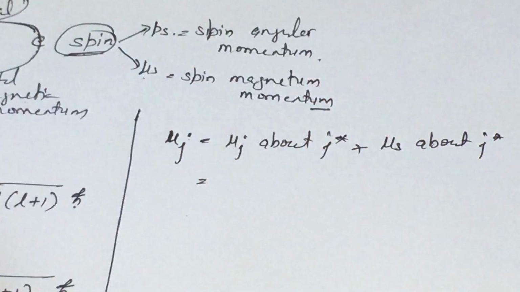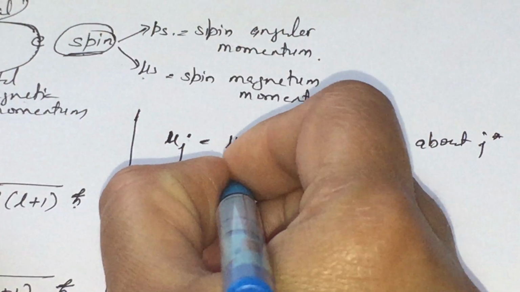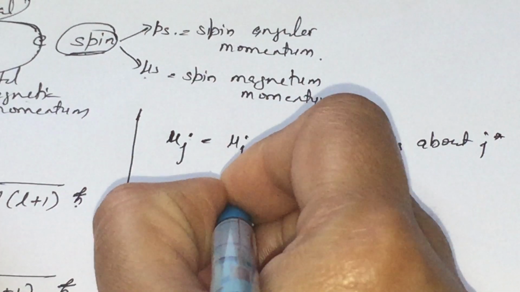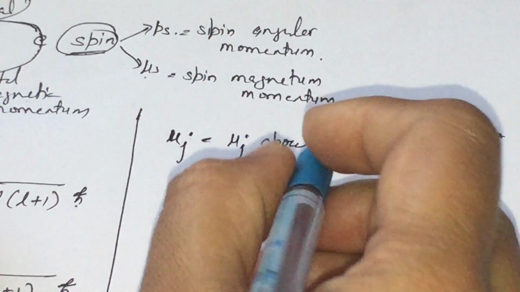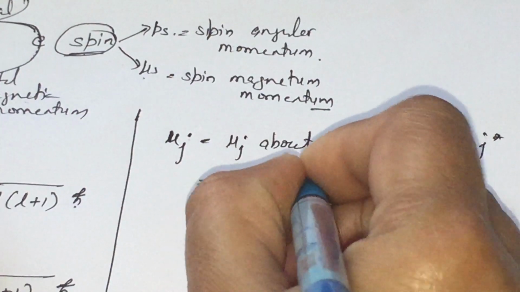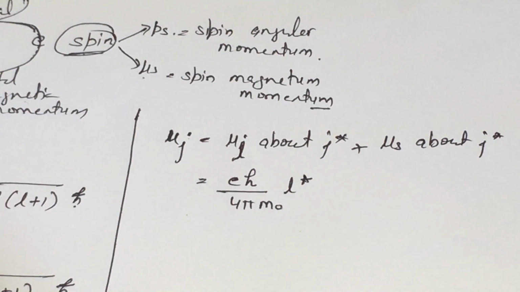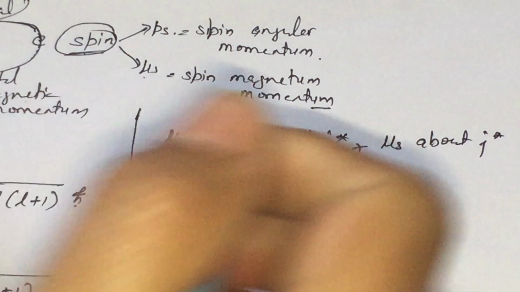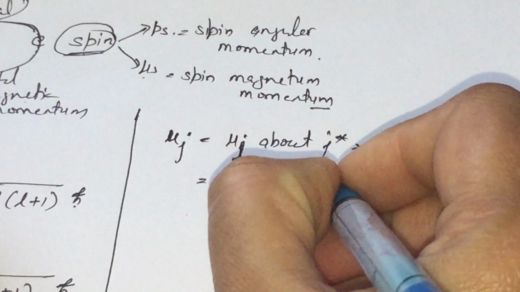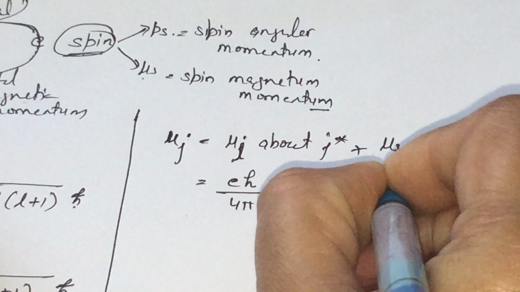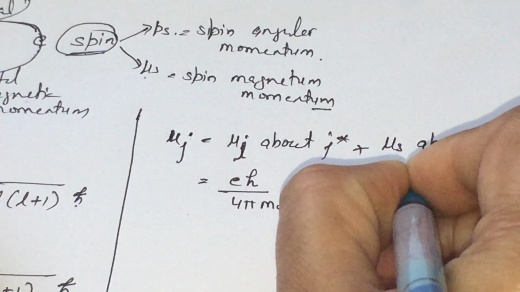This is given as eh upon 4 pi m naught L star, sorry, this is mu_L, the component of mu_L about J star, that is L star cos of the angle between L star and J star.